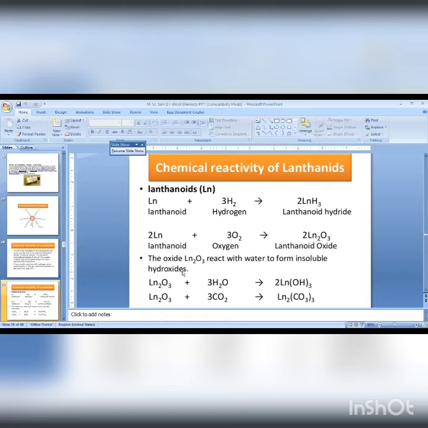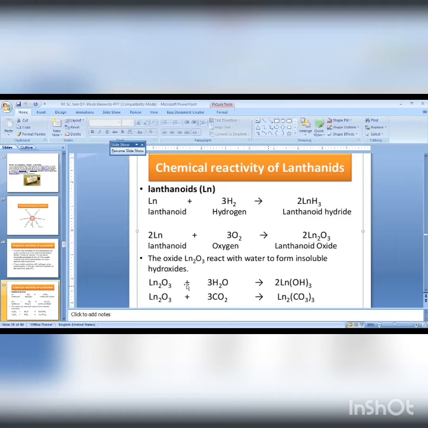When the lanthanide elements react with water, they can form insoluble hydroxide. This is a characteristic feature that lanthanide elements react with water, but the product thus formed is rather insoluble in water.